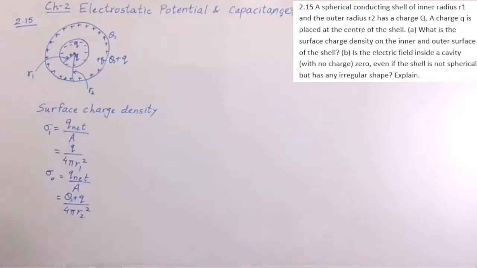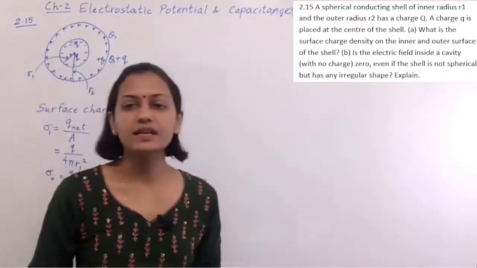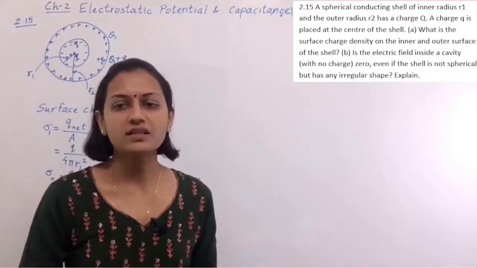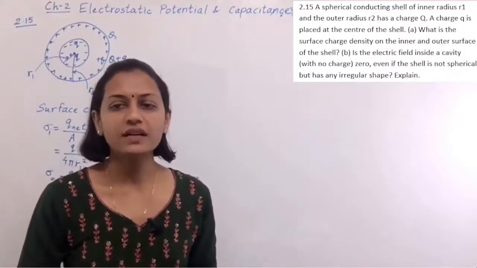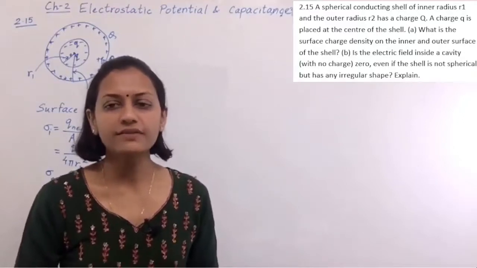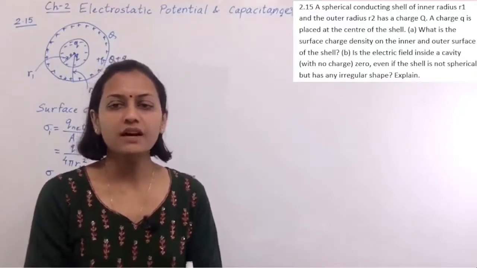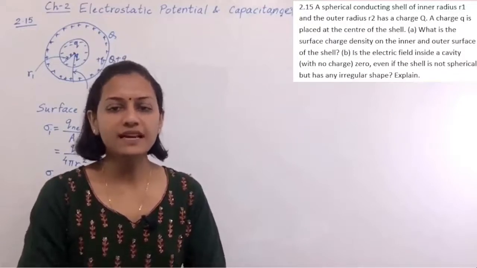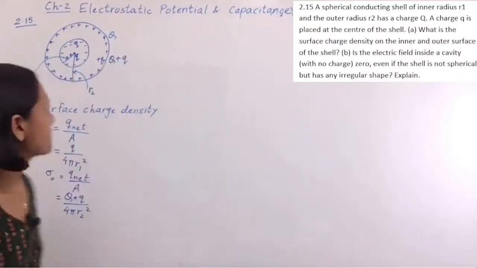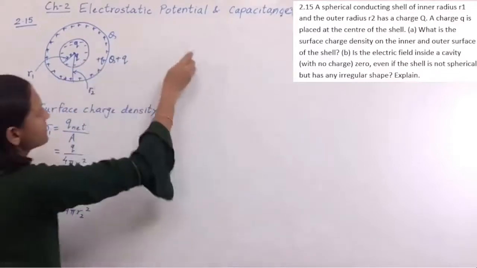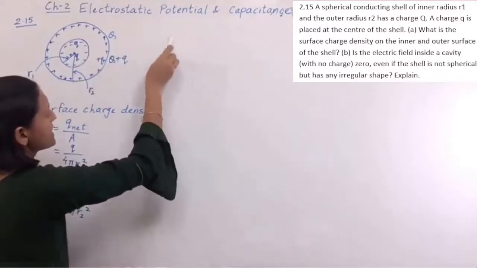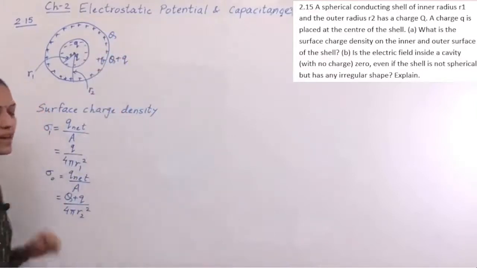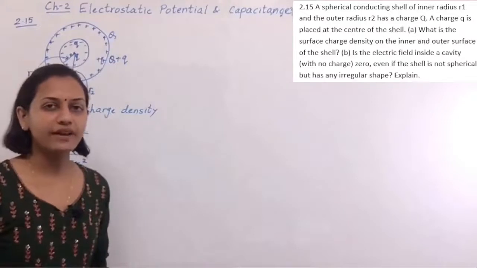Now further it has been asked: if the electric field inside a cavity with no charge is zero, even if the shell is not spherical but has any regular shape, explain. Electric field inside the cavity is zero. Here we can see that if some charge is outside and I want to take it inside this cavity, there is no extra work required.